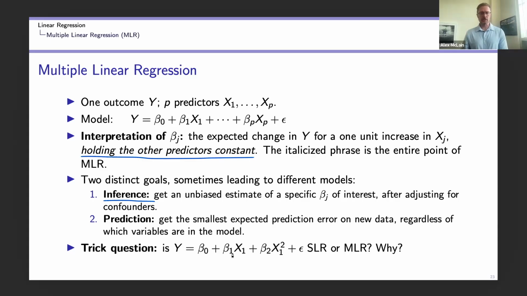Trick question: let's say y equals beta 0 plus beta 1 x1 plus beta 2 x1 squared plus epsilon. Is that a simple linear regression or a multiple linear regression, and why? Tough question. Well, it seems like a simple linear regression because we only have one predictor variable, x1.